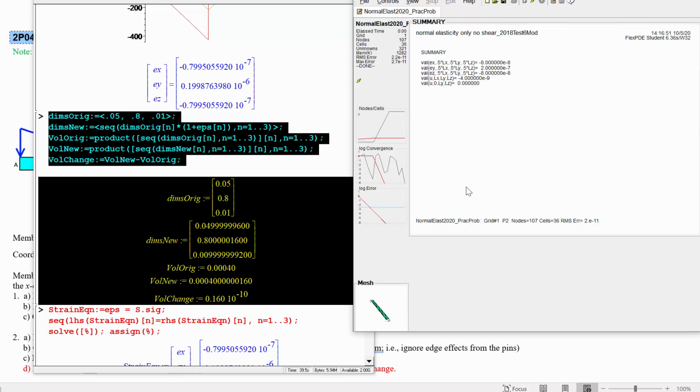No displacement in the x direction along the x equals 0 surface. And then the opposite side will tell us exactly the displacement of that surface, which now is the length change as well. So this displacement of this surface is now also the length change, and the new length would be the original length plus this displacement.